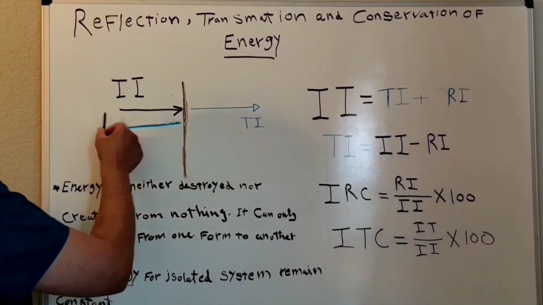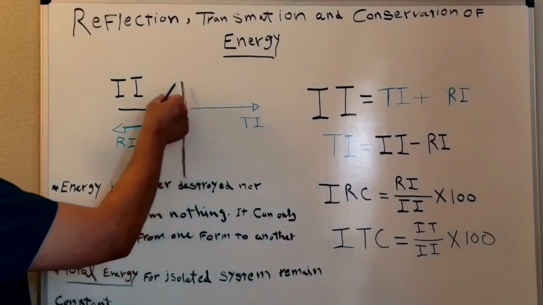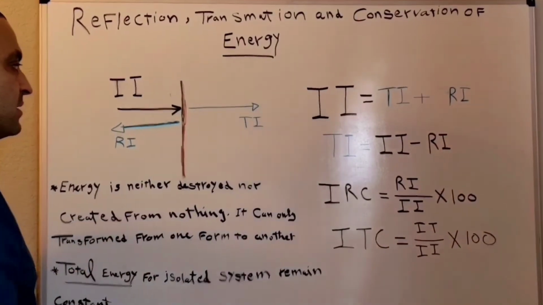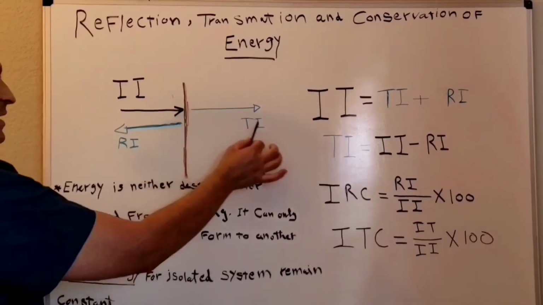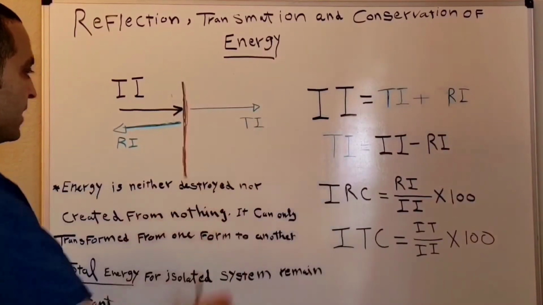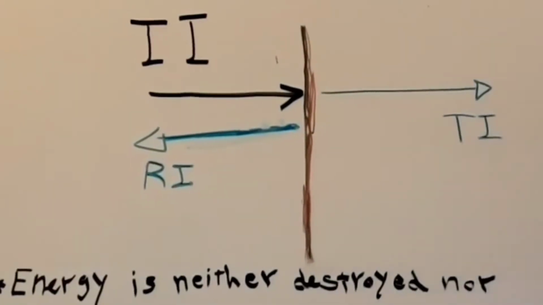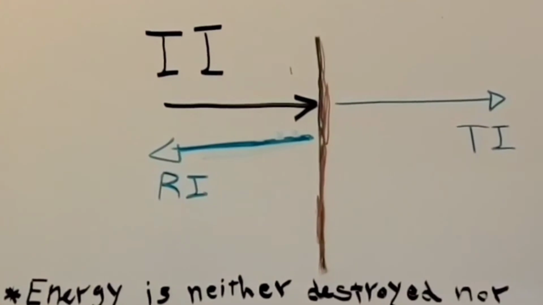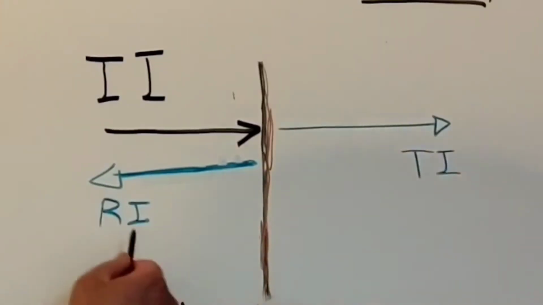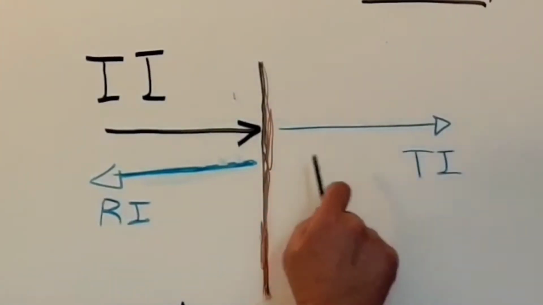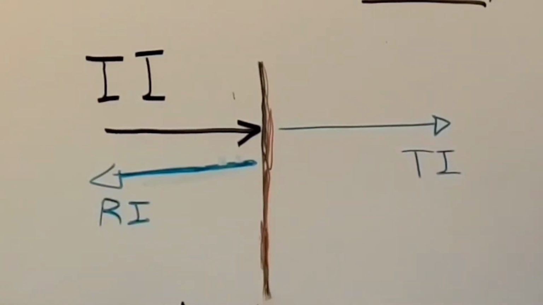So when we have a sound beam which strikes a boundary, some of this sound beam will transmit to another medium, and some of this sound beam will reflect back. So we will use the conservation of energy law to calculate the reflected intensity and the transmitted intensity.